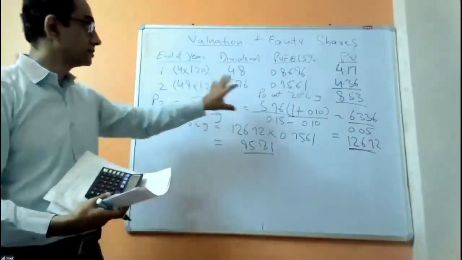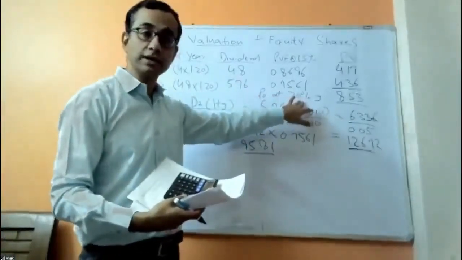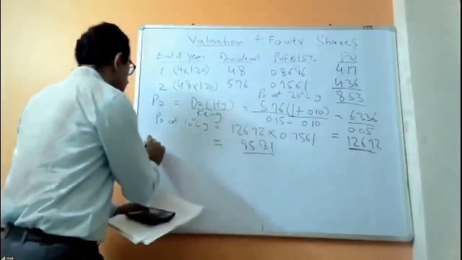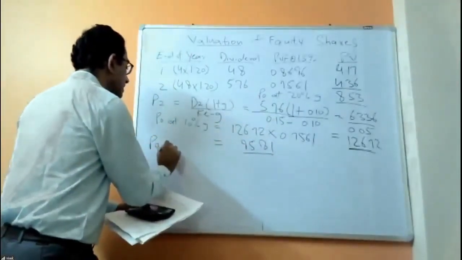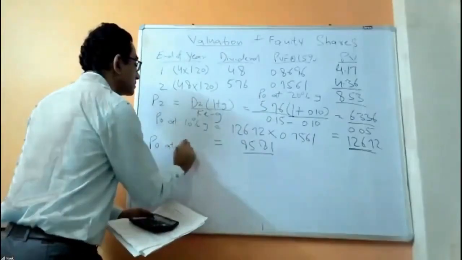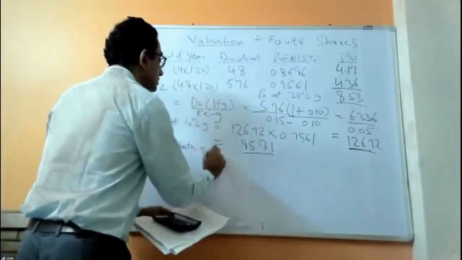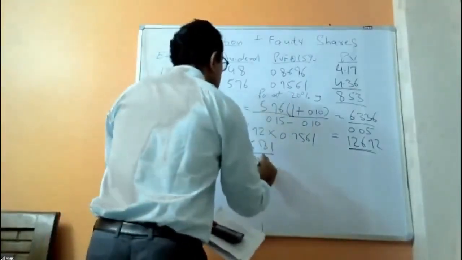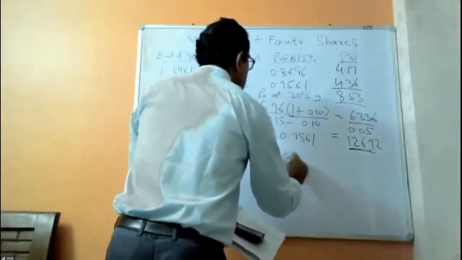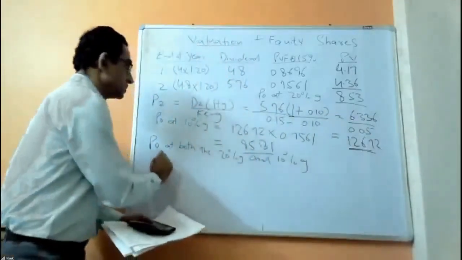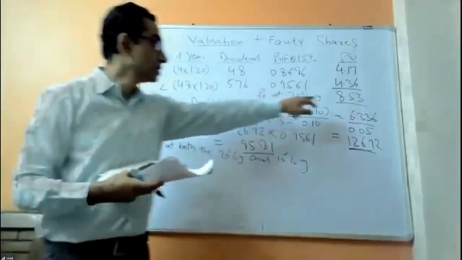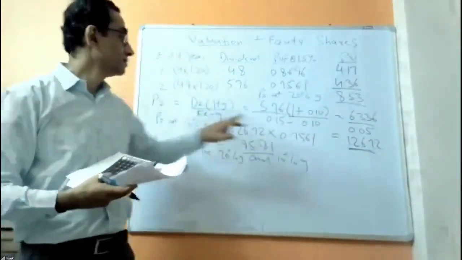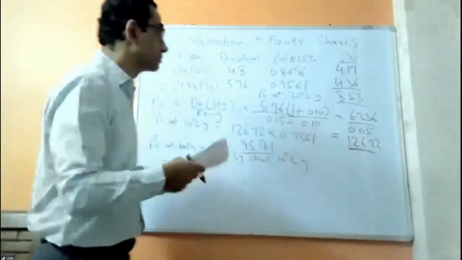and the present value at the extraordinary high rate, that is 20%. So we'll add both these. So we calculate the final present value at both the 20% growth rate, the high growth rate, and the 10% normal growth rate. Let us add this present value at 20% growth rate and the present value at the 10% growth rate.